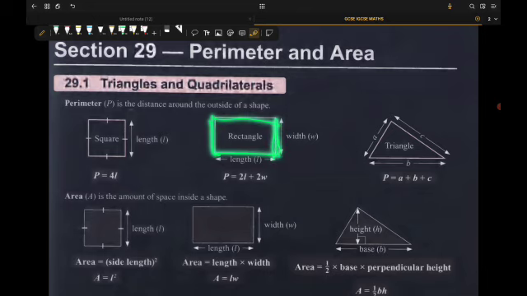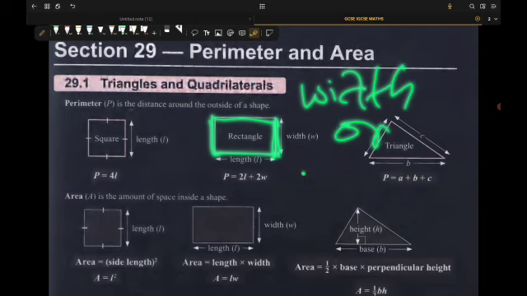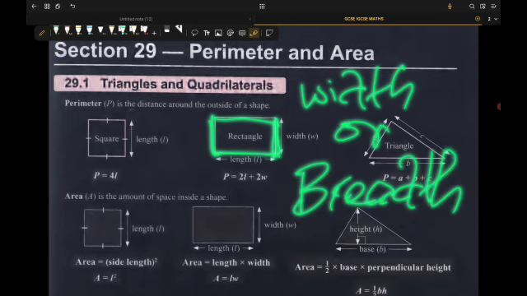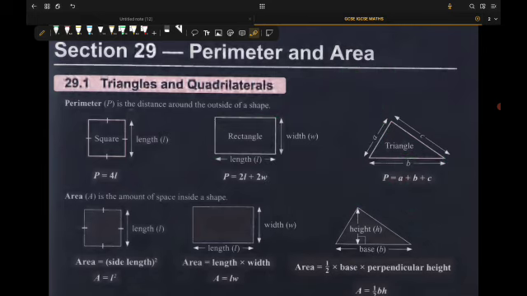The two short sides can be called a width or a breadth. It depends. But for the purpose of what we are doing here, let's call it width.